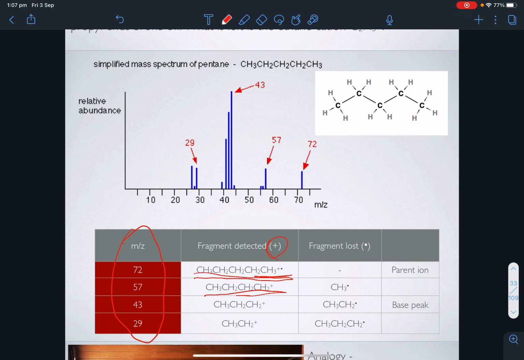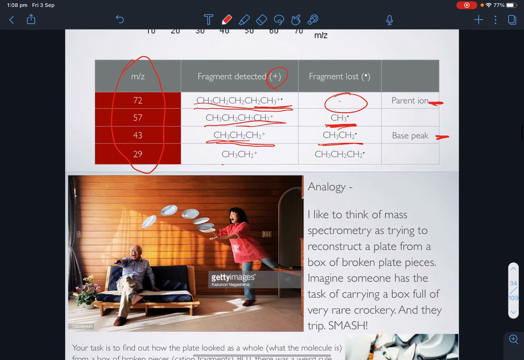So see how it's got fragment lost? Nothing. And this one's lost a CH3 radical. The 43 is the 3 carbons, and it's lost the 2 carbons and the 5 hydrogens, and so on and so on. And I've just labelled here the parent ion or the parent peak, and the base peak as well. It's a good way to summarise your information.